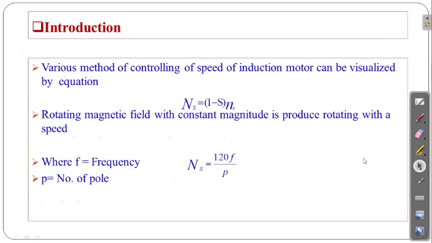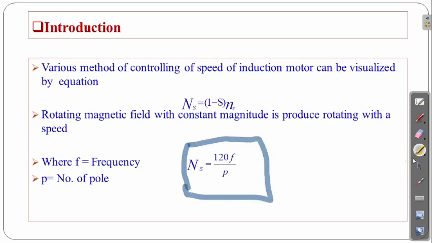What is the meaning of speed control? Various methods of controlling the speed of an induction motor can be visualized here. The formula is N = (1 - s) Ns. The rotating magnetic field with constant magnitude is produced, rotating with the speed Ns equal to 120 f by p.